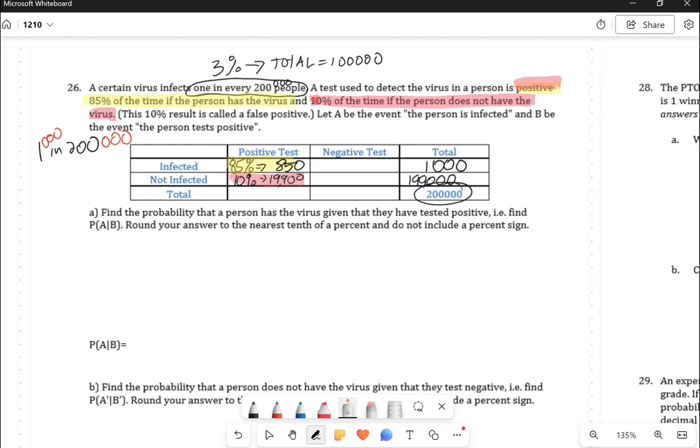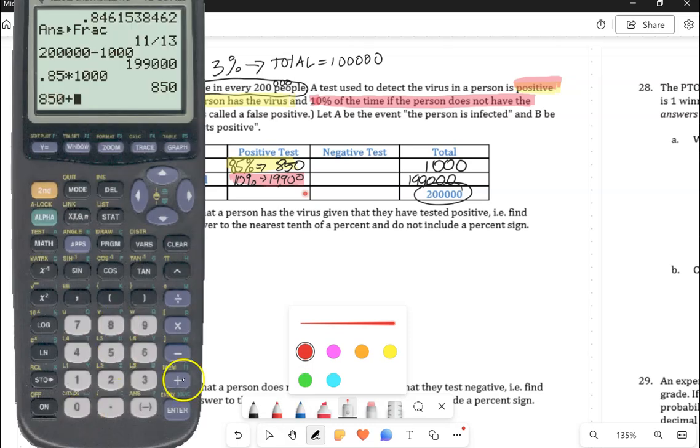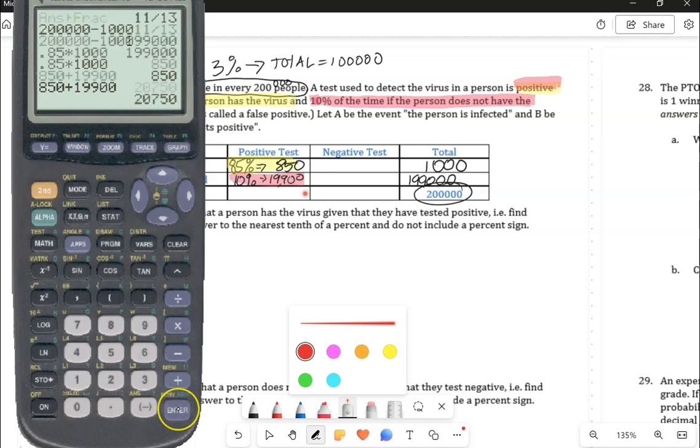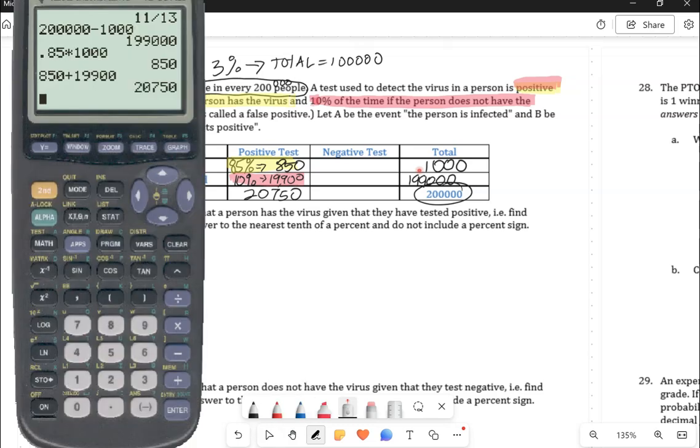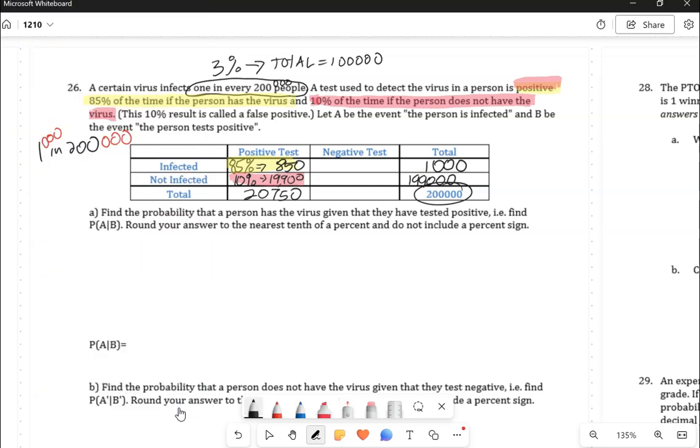So we can now fill out the rest of these columns. For example, those add up to the grand total for the positive tests, 20,750. These two have to add up to 1,000, so we can do that with subtraction. 1,000 minus the 850, 150.